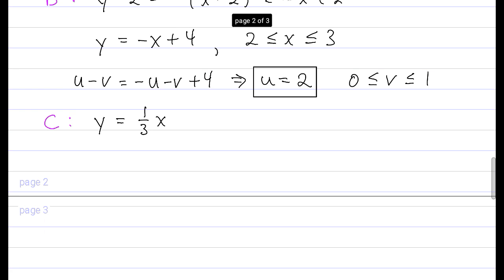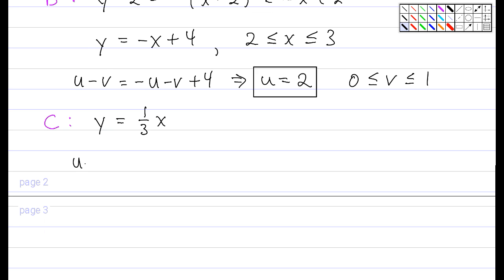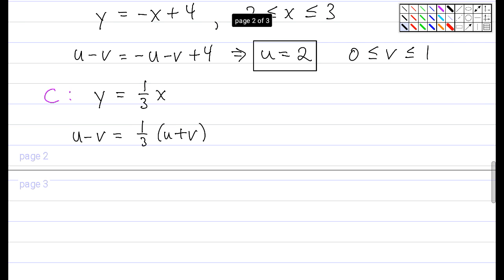You're probably getting used to this by now. u minus v equals 1/3 (u plus v). That's not quite as nice, but not so bad. This is 1/3 u plus 1/3 v.